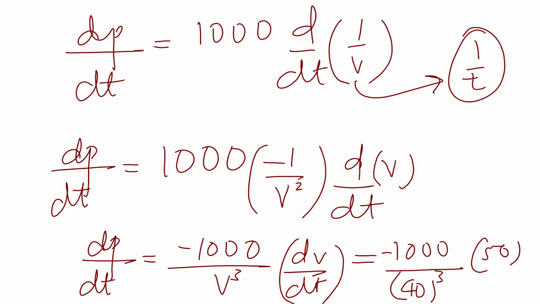Yeah, V square, I'm sorry, it's not cube. So 1000 into 50 upon 40 square, that is 1600.